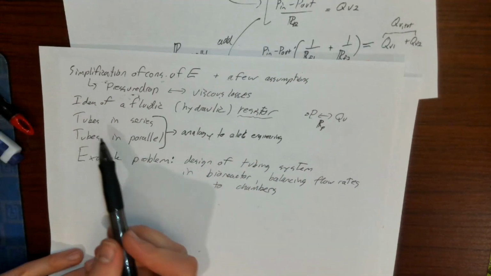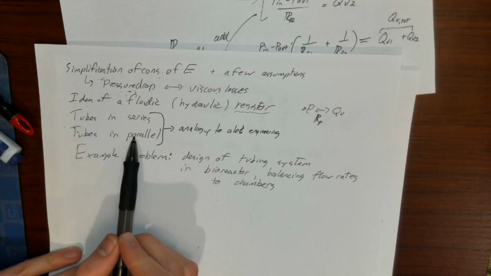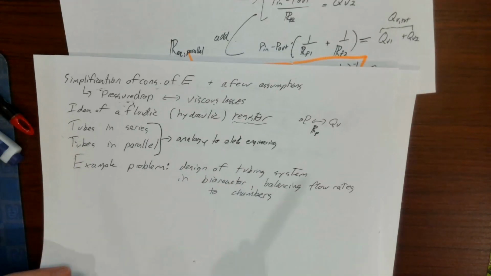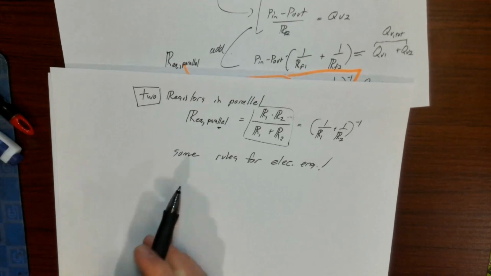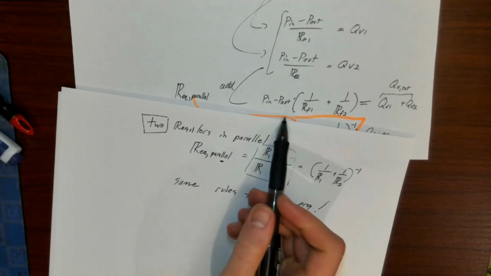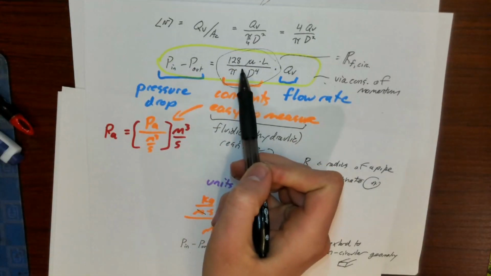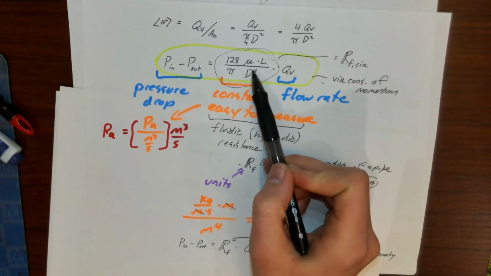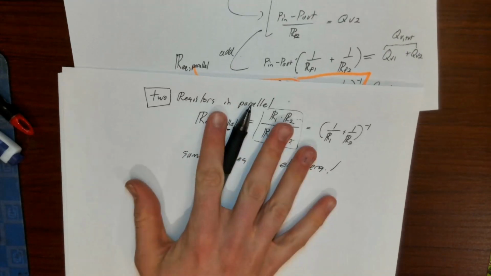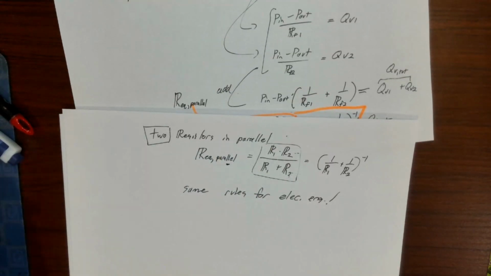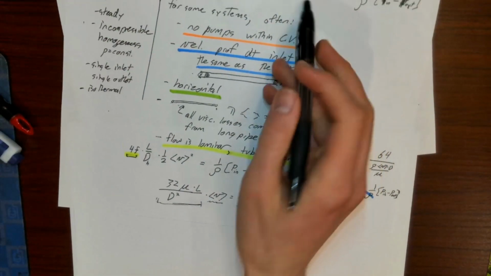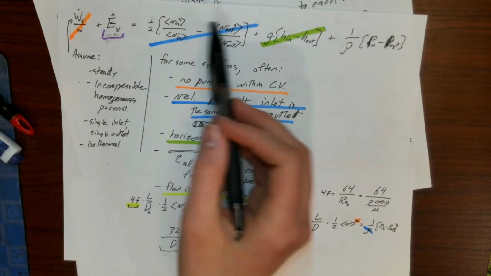So with that in mind, we now have rules for how to combine things in series and parallel, in analogy to electrical engineering. And you can imagine just plopping down some quick formulas like this, especially if we have a straightforward way to calculate what these fluidic resistances are for circular tubes. You can imagine this is going to be a heck of a lot easier than starting from conservation of energy or engineering Bernoulli every time.